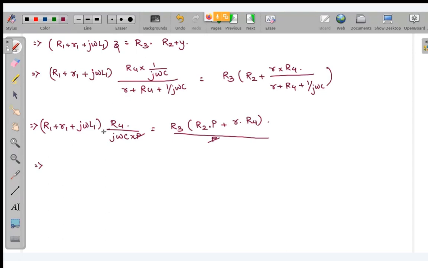I will also keep on solving. I want you guys to solve this. Solve it.